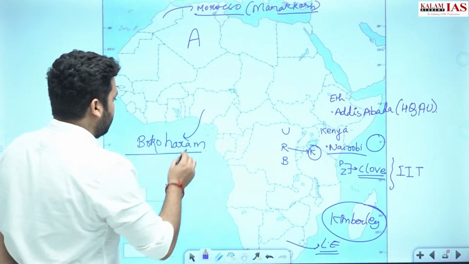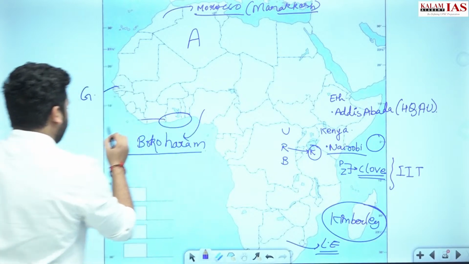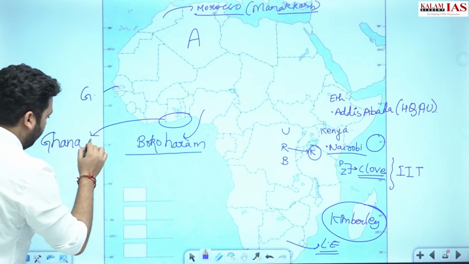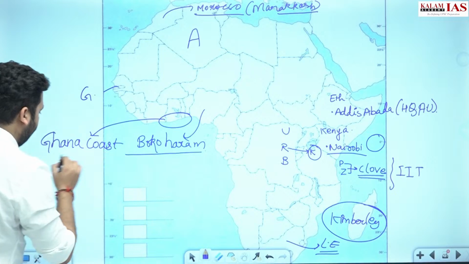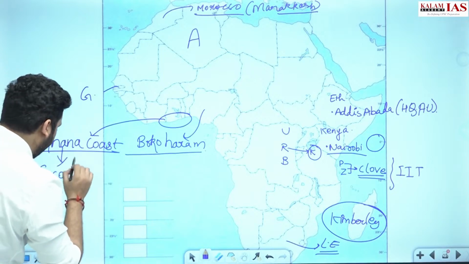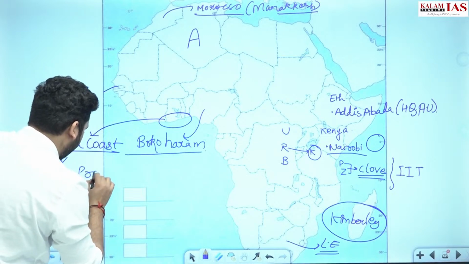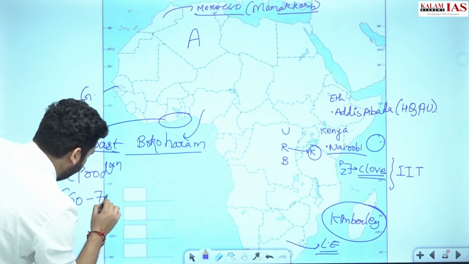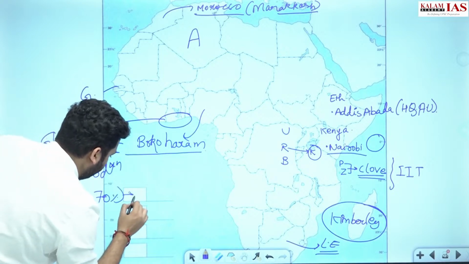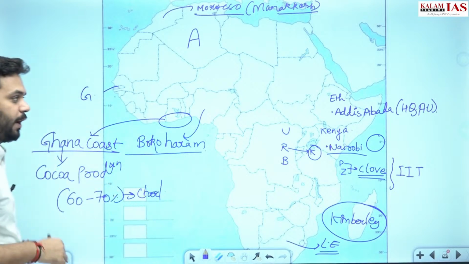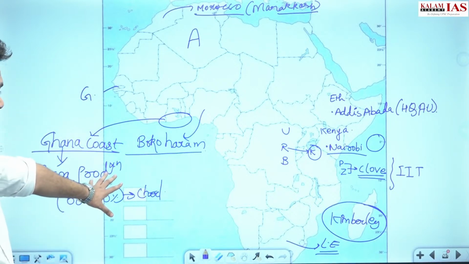And then we discussed the Ghana coast and cocoa production, 60 to 70% used in chocolate, which you know very well.